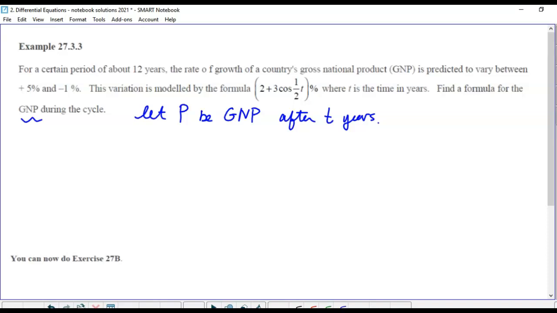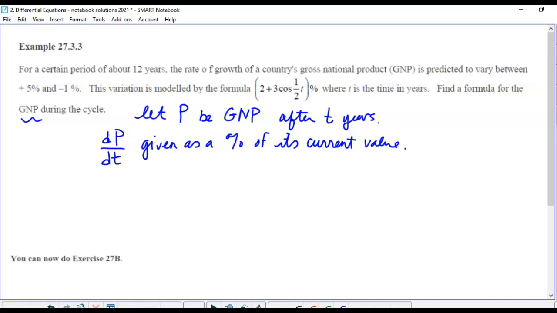Okay, so the rate of growth then is dP/dt, and that's given as a percent of its current value. So its current value of P.